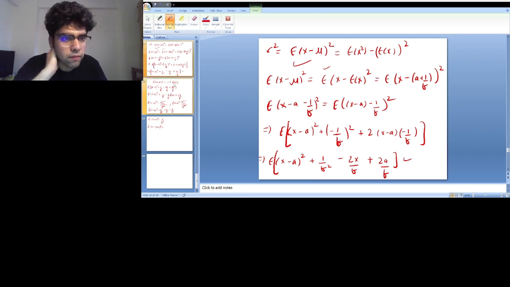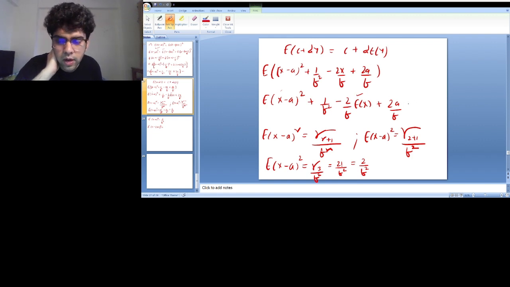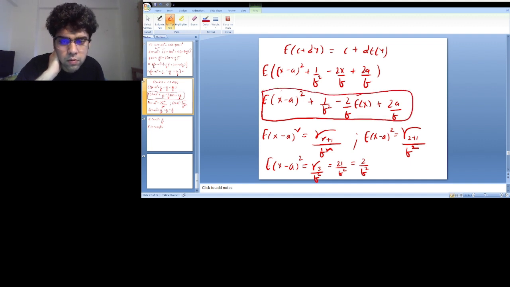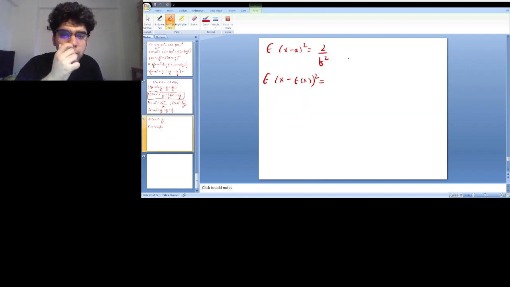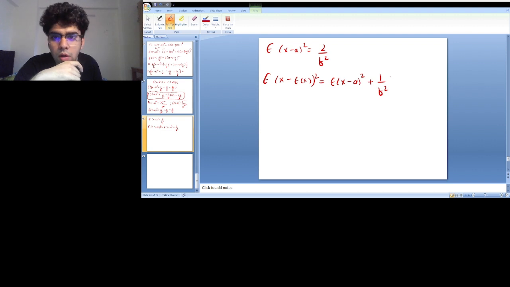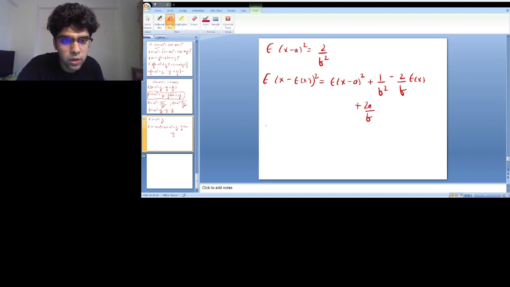Then we opened this up, and we were left with this expression. Evaluating it gives me E[(X minus a) whole squared] plus 1 upon b squared minus 2 upon b E[X] plus 2a upon b. This is equal to 2 upon b squared, plus 1 upon b squared, minus 2 upon b.